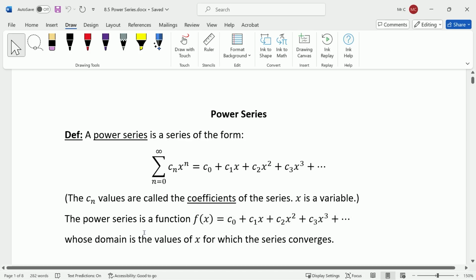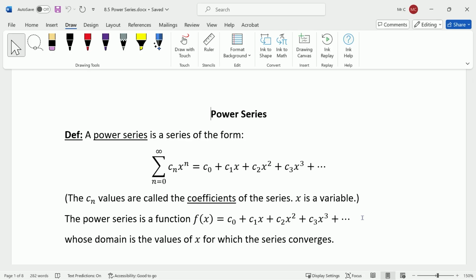So the power series is a function whose domain is the values of x for which the series converges. And in particular, it's a function that looks like an infinitely long polynomial, a polynomial with infinitely many terms.